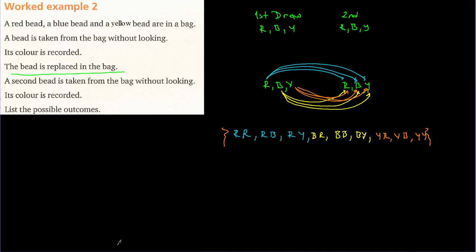If I complete this one at the end, it's going to be red and red, red and blue, red and yellow, blue and red, blue and blue, blue and yellow, yellow and red, yellow and blue, and yellow and yellow. And we can get the probabilities with respect to this given set.